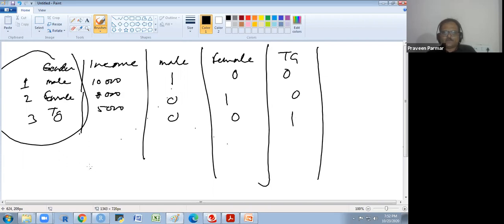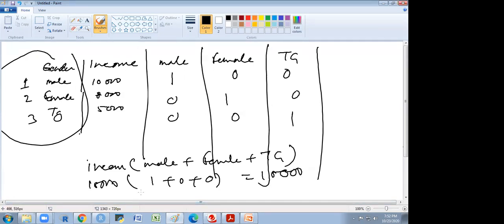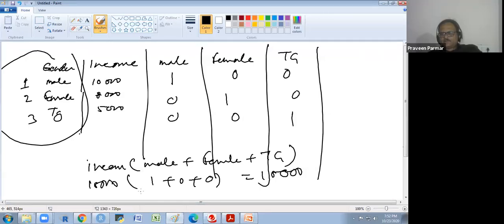Now what will I do? I will compute income multiplied by male plus female plus transgender. So income is 10,000. Male is 1, then 0, and then 0. So I will get 10,000. It is correct now. Yes, sir. So I will get the exact values now, the 8,000 and the 5,000.